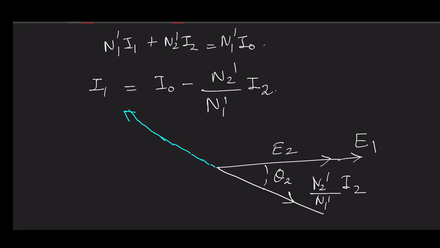Now your I naught must lead this by an angle of 90 degrees. So this is your I naught, this is your minus N2 dash N1 dash I2.